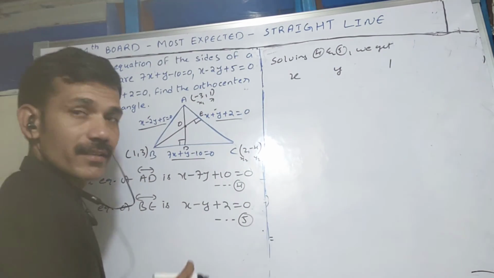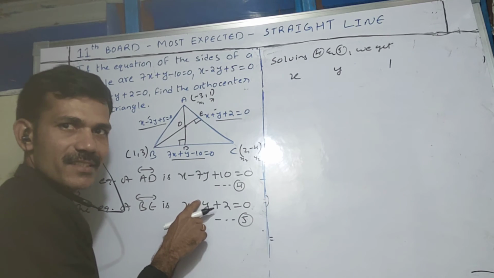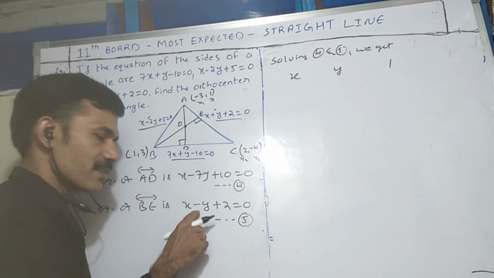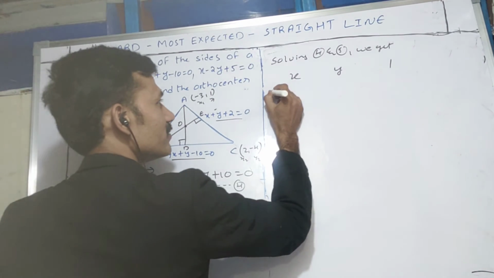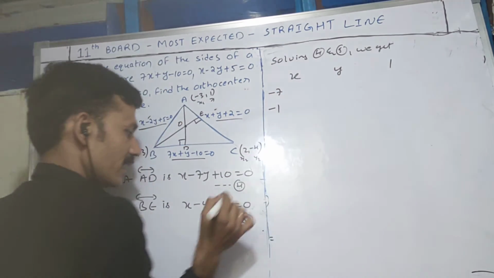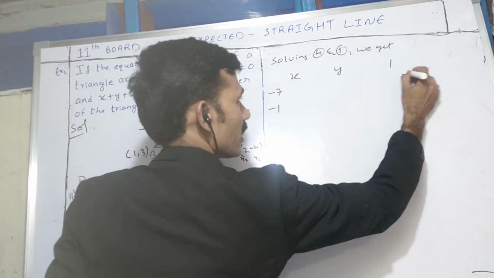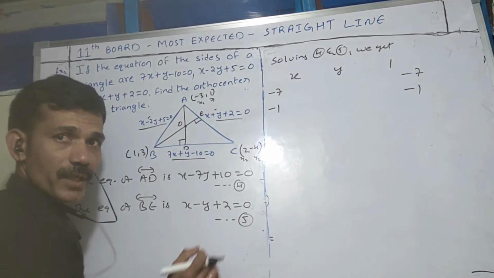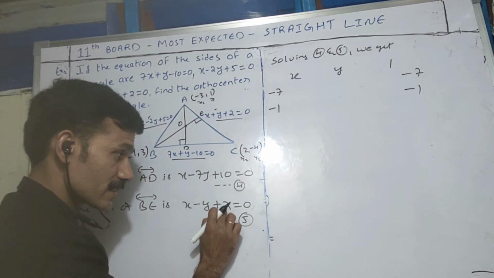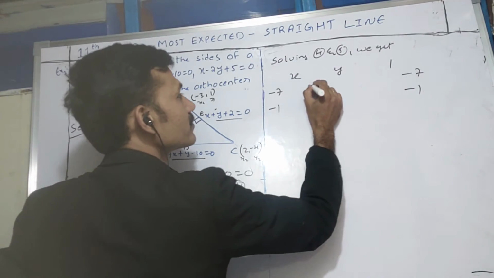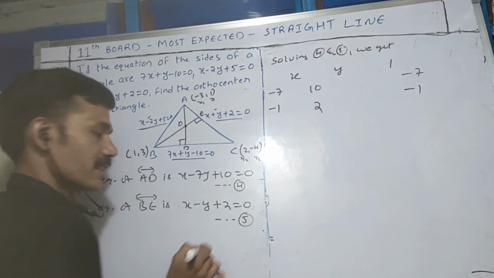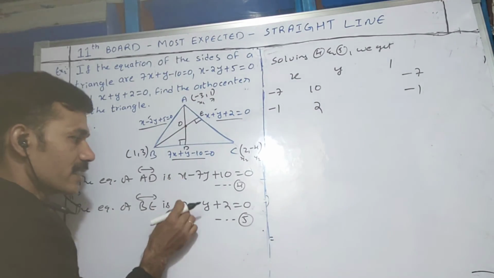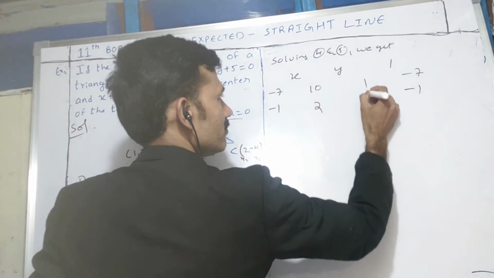First I have to write the y coefficients: here minus 7, here minus 1, and the same thing will be there at the last also. Next, we write the constant terms: here 10, here 2. Next, the x coefficients, they are 1.